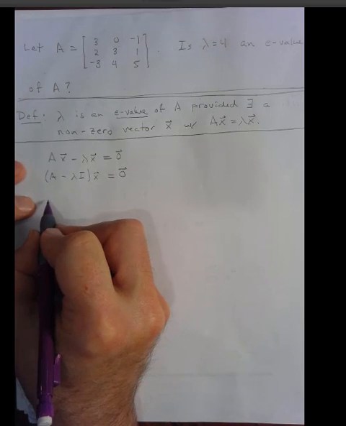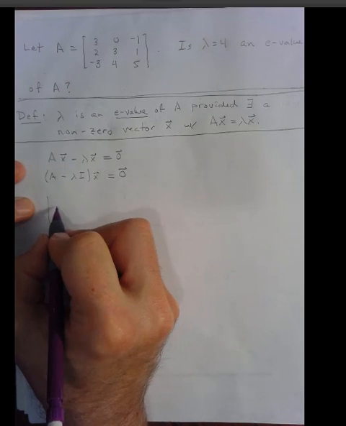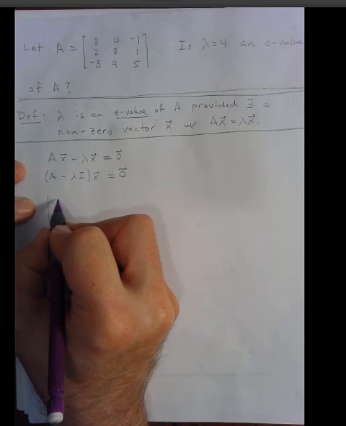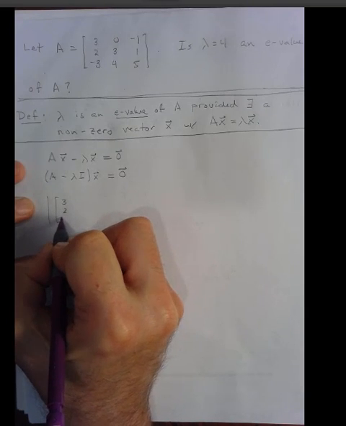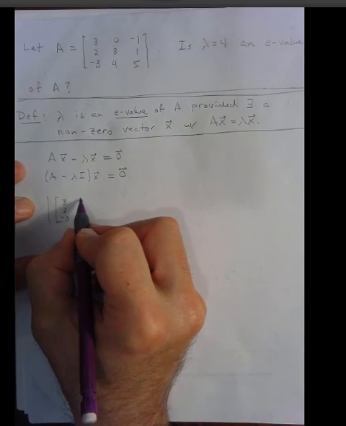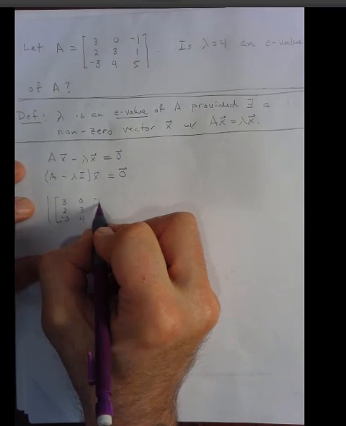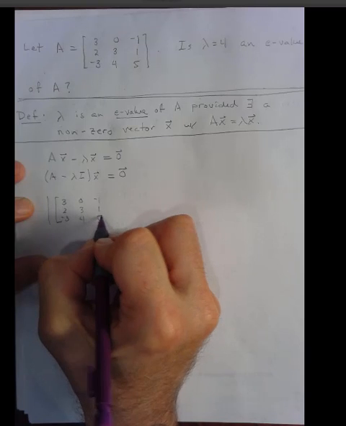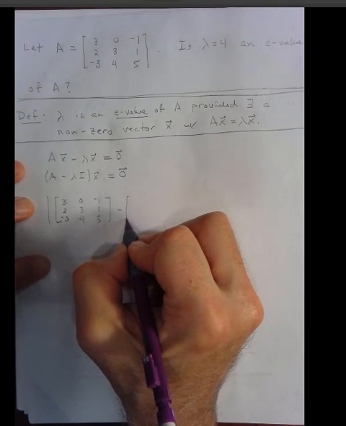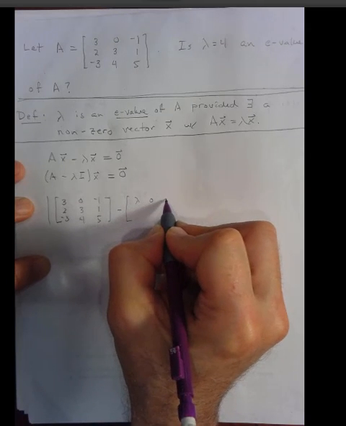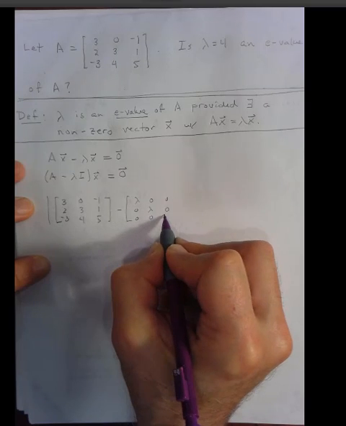So what I want to look at is the determinant of this 3 by 3 matrix. I'm just going to copy the matrix A into here: 3, 2, negative 3; 0, 3, 4; negative 1, 1, 5. And then lambda times the identity matrix is going to be lambda, 0, 0; 0, lambda, 0; 0, 0, lambda.